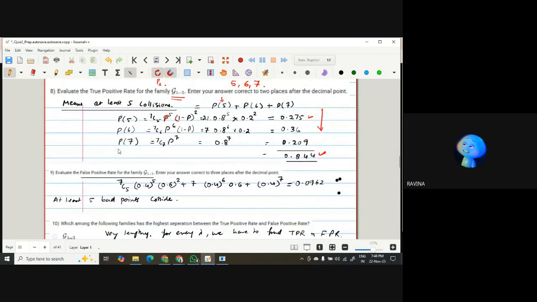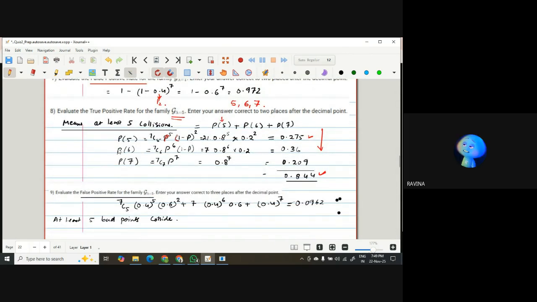So how do we know that it is a binomial? Is it mentioned somewhere? See, either collision is taking place or no collision is taking place. So when there is a binary kind of thing, it becomes a binomial distribution.